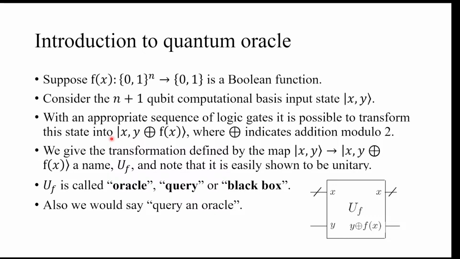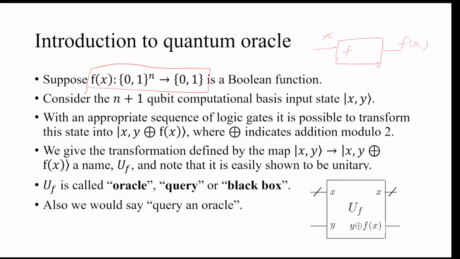Classical oracle is something that does this for you. There is maybe some hard to compute function f of x, and we think about there being a box. Oracle is also called a black box. So classically, there is some box that computes f for you: you input x, and it gives you output f of x.